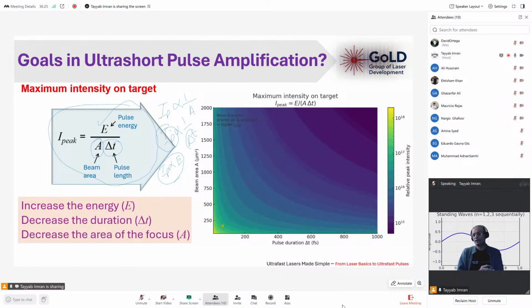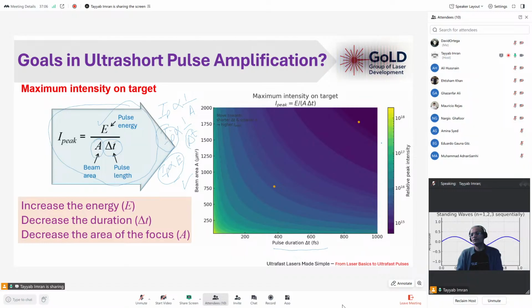So we need to have maximum possible intensity for a certain application. And for this one, you have to take care of the pulse energy, beam area, pulse length. Okay, and the simulation on the right side shows, it's very simple, that heat plot is pulse duration along x-axis, and you have beam area along y-axis.